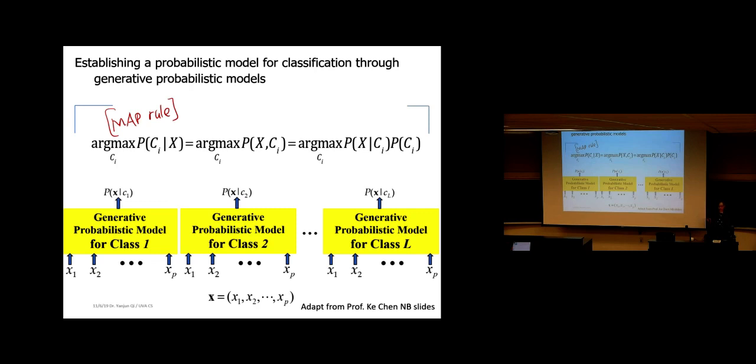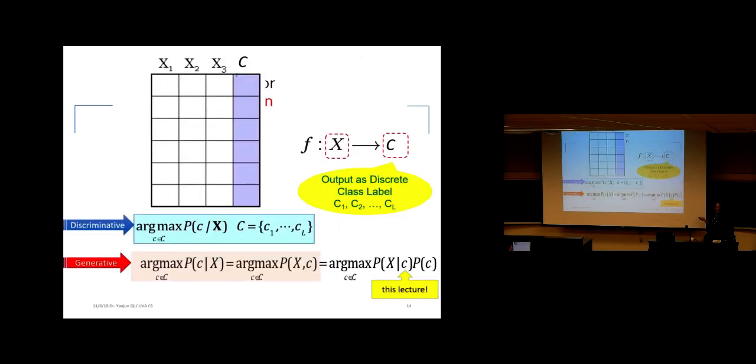This sounds pretty weird for now, but when we do a concrete calculation it will be very apparent. Just to summarize, a discriminative classifier directly models P(C|X), while a generative classifier models the data from P(X given C) times P(C), and they both use the argmax operation on C.